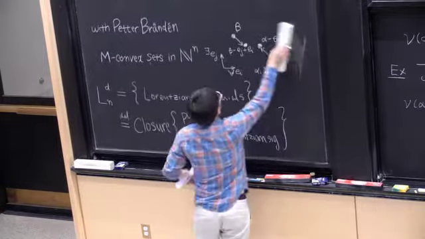So tropical people like working with valuated fields like this. So I'm going to work with this K, by which I mean the field of Puiseux series with real coefficients.